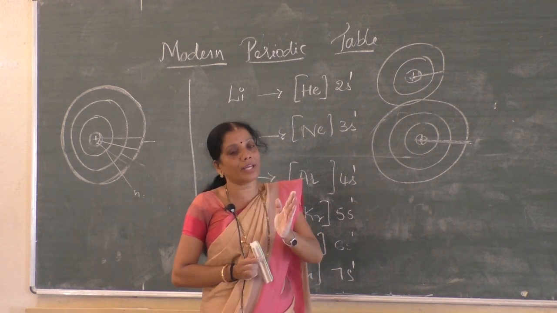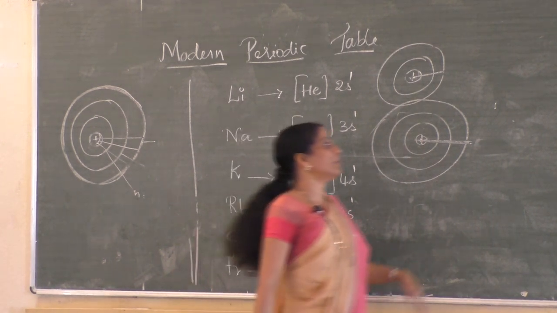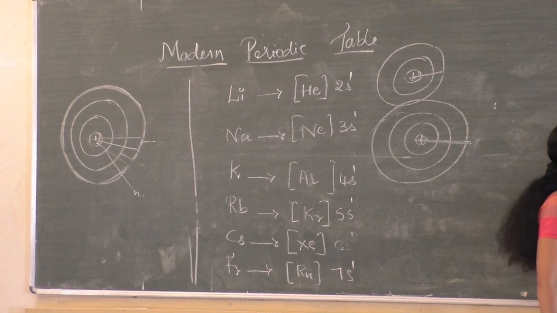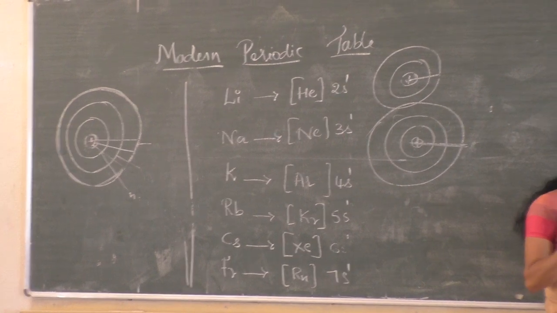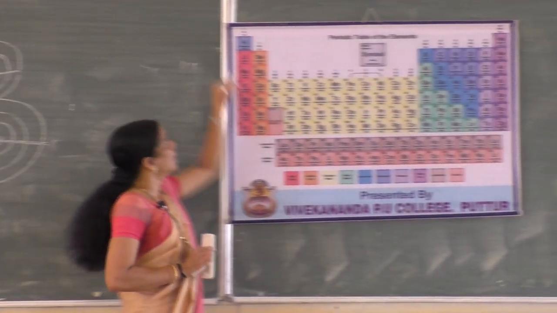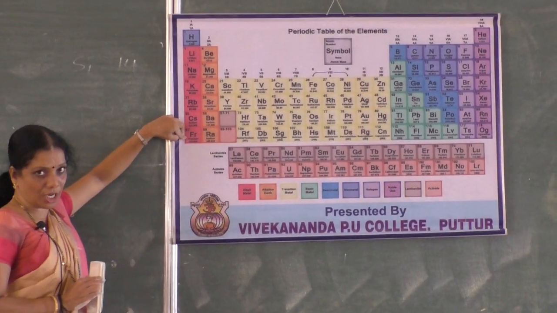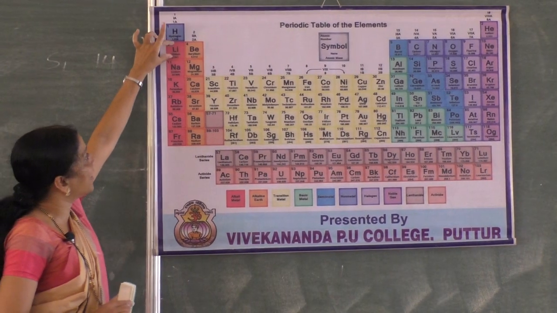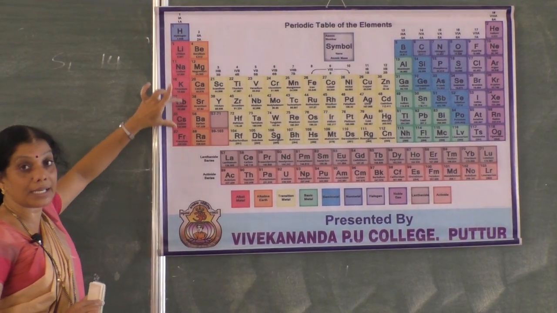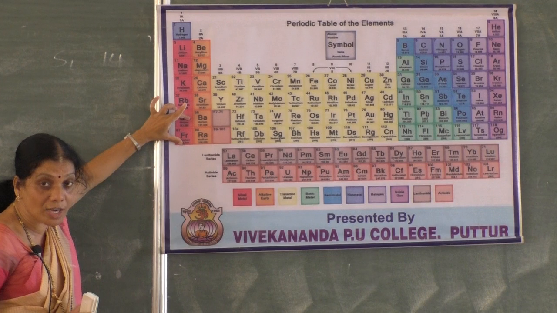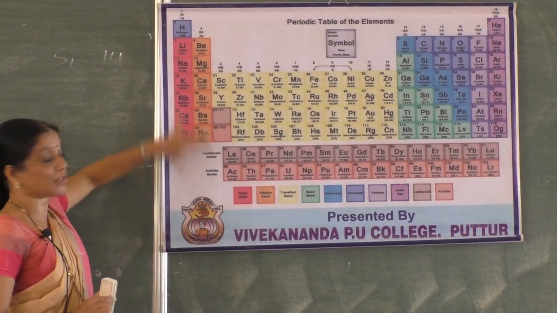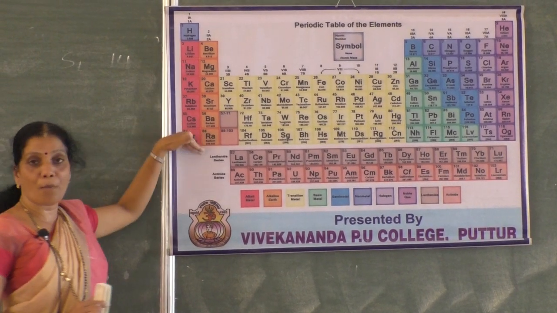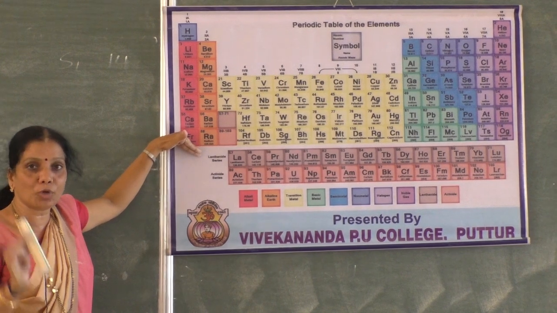This is the variation of the atomic radii when we move from top to bottom in a particular group, that means lithium to francium. The atomic radii go on increasing. The size of an atom always increases when we move from top to bottom in a particular group.